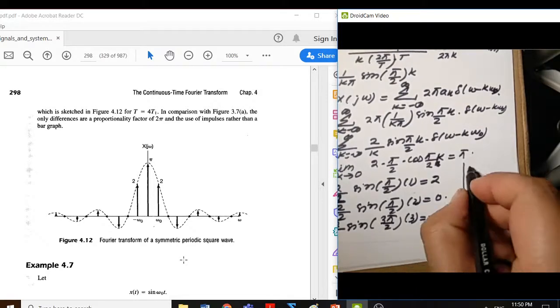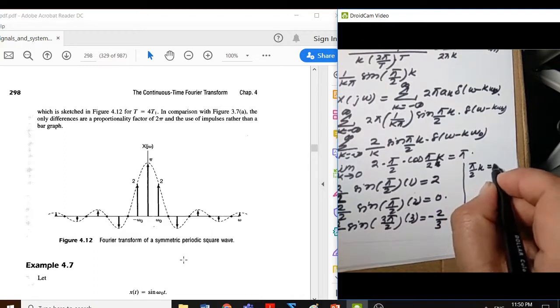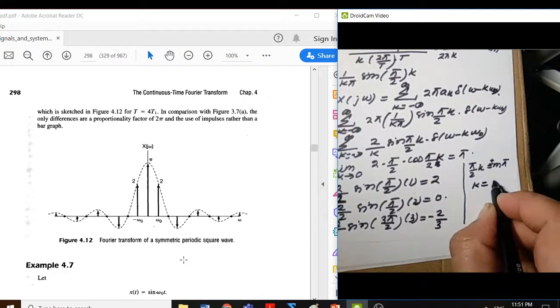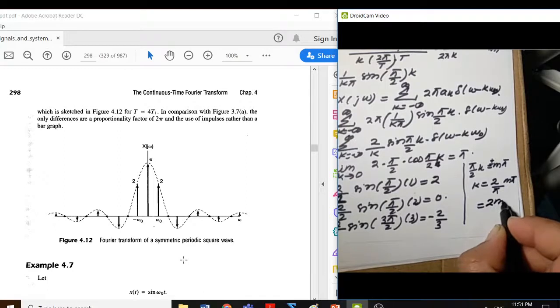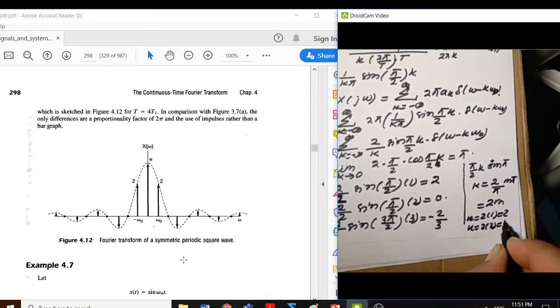So we say that pi by 2 k should be equal to plus minus m pi. So k is equal to 2 by pi into m pi, or k is equal to 2m. So the first zero crossing is at k is equal to 2 into 1, which is at 2. The second zero crossing is at 4, and so forth.